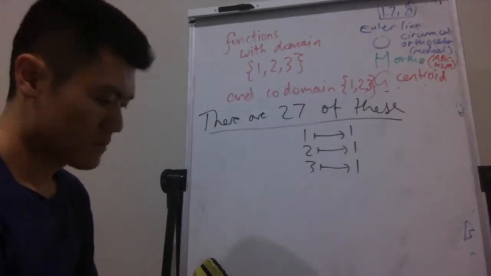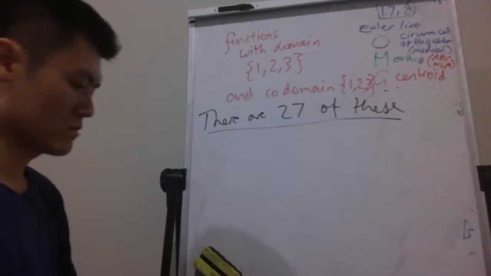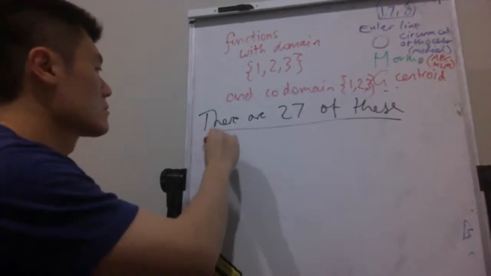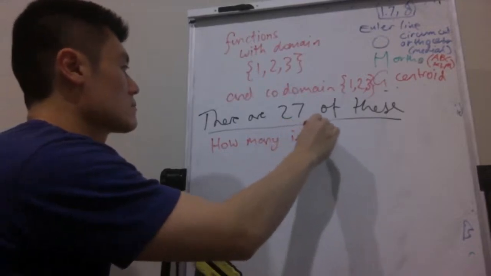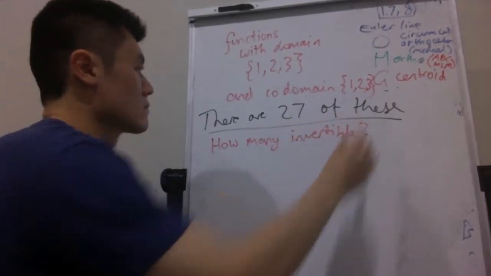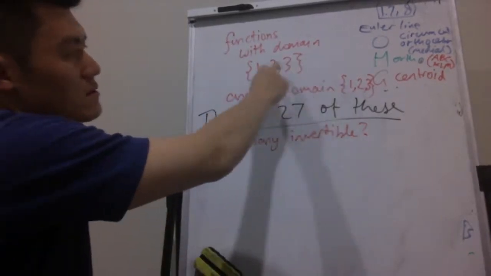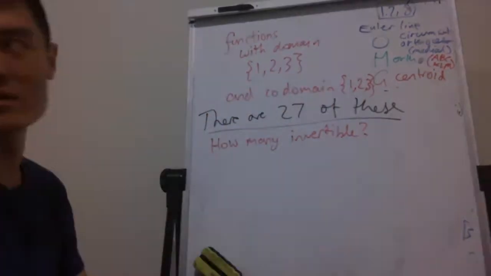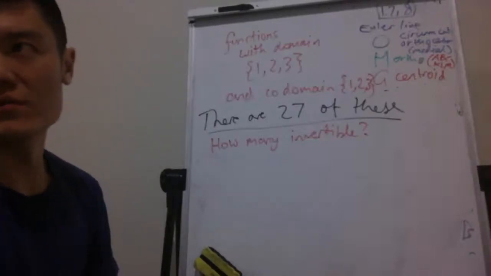And then the question is, how many of these are invertible? Three factorial. They're only invertible if they go to 3 different elements. For finite sets, if domain and codomain are the same size, then one-to-one makes it invertible, or onto makes it invertible.